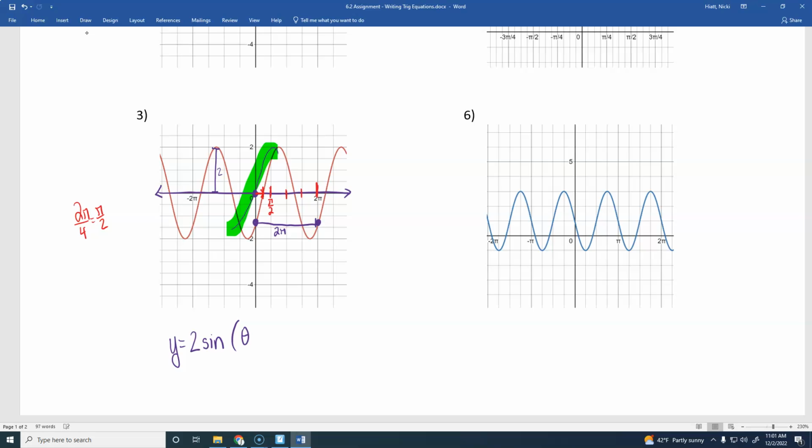So this tick mark right here would be pi over 2. But this appears, and it's okay to make the assumption here, if it looks like it's halfway, just assume it's halfway. That appears to be halfway between 0 and pi over 2. So half of pi over 2 would be pi over 4. I think Luke is right. That distance right there is pi over 4.